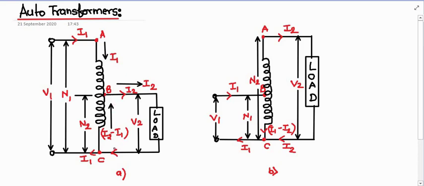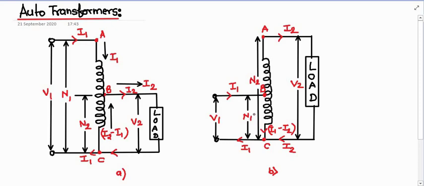So this much portion of the winding forms the secondary and the whole winding forms the primary of the auto transformer. On the other hand, in figure B, the winding AC forms the secondary, whereas its small portion BC forms the primary.